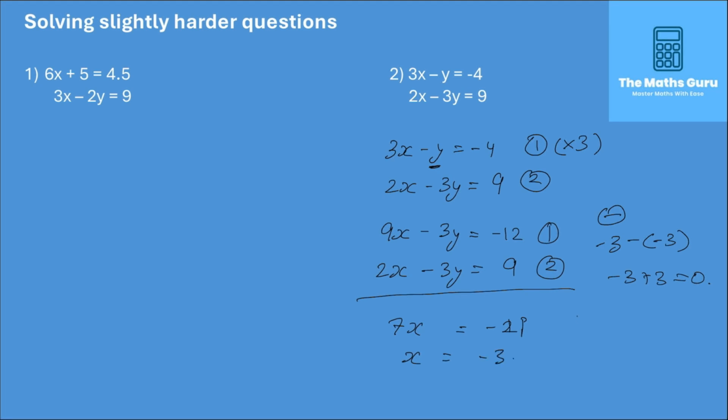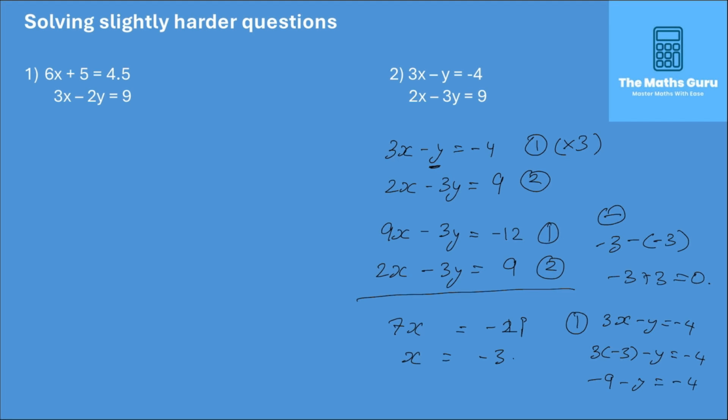Plugging back in, I'm going to rewrite the first equation now and say 3x minus y is equal to minus 4. Plugging in our known value for x, we say that 3 times minus 3 minus y is equal to minus 4. So minus 9 minus y is equal to minus 4.